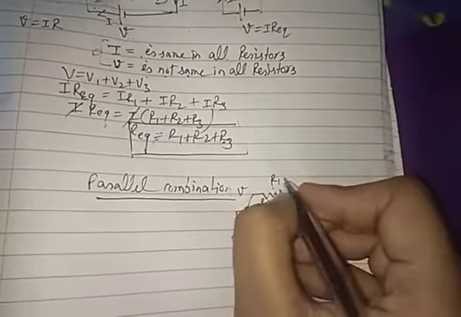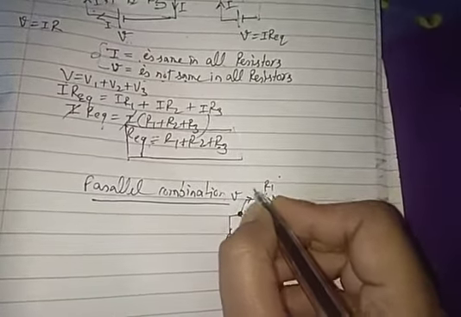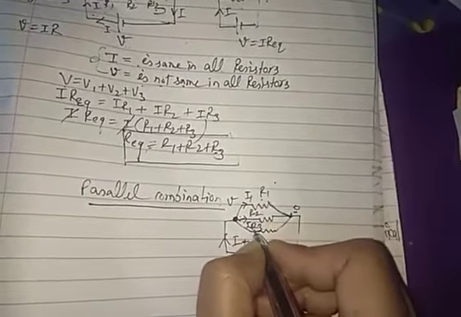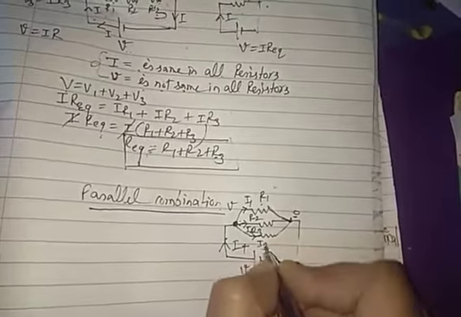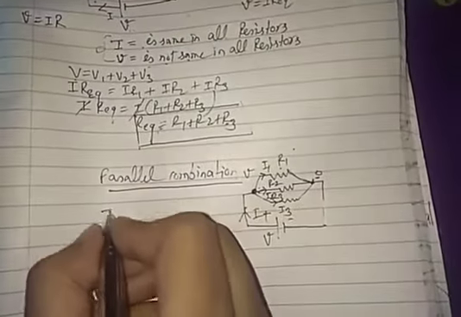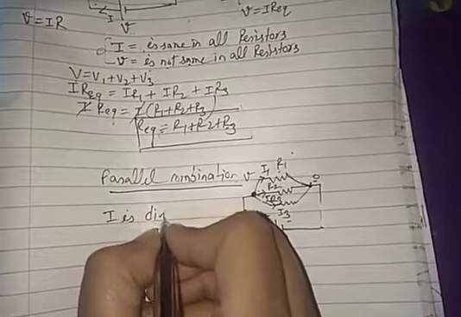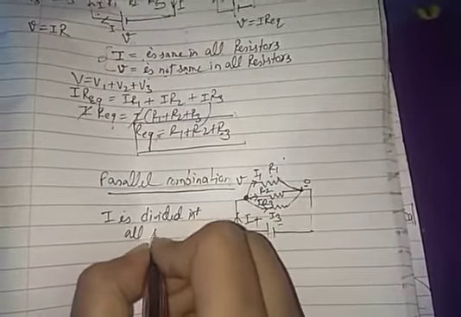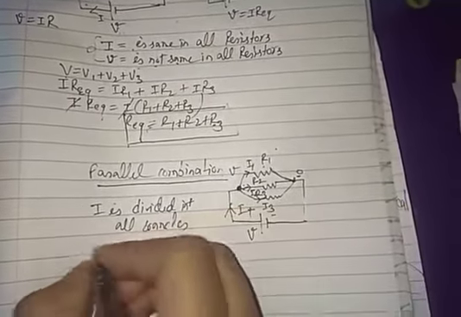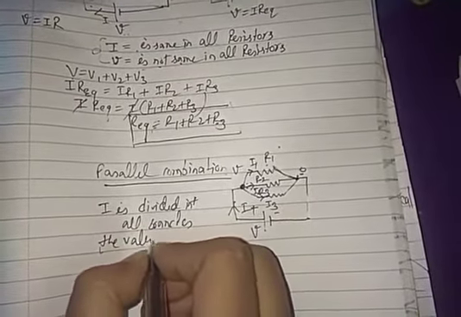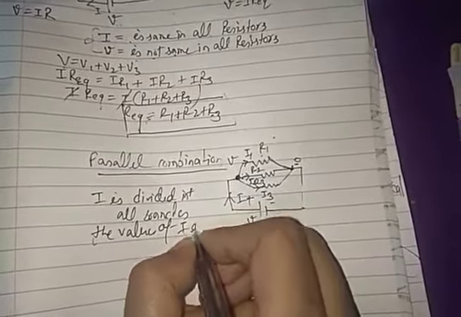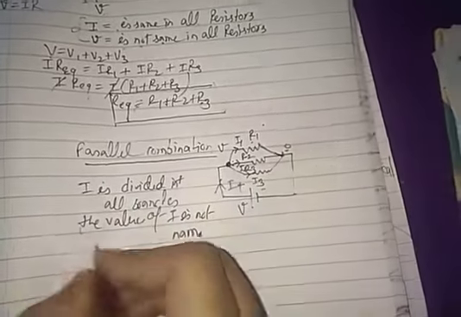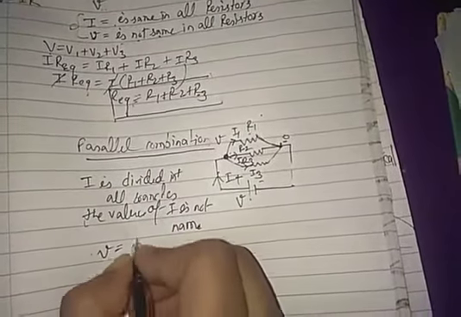But the current will not be the same. The current in R1 will be I1, in R2 it will be I2, and in R3 it will be I3, because I is getting divided in all branches. That is why the value of I is not the same. But as we have seen, the potential is the same.